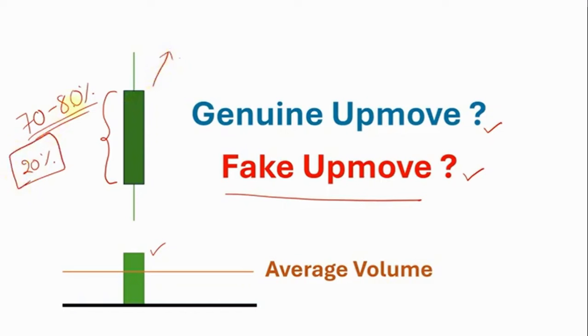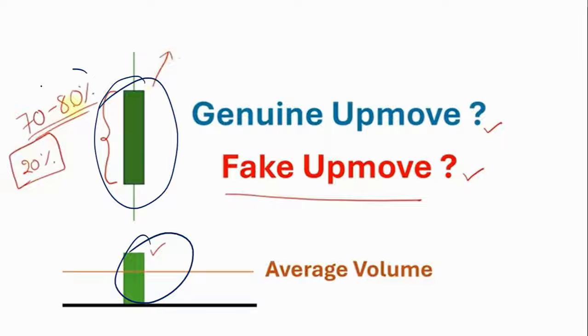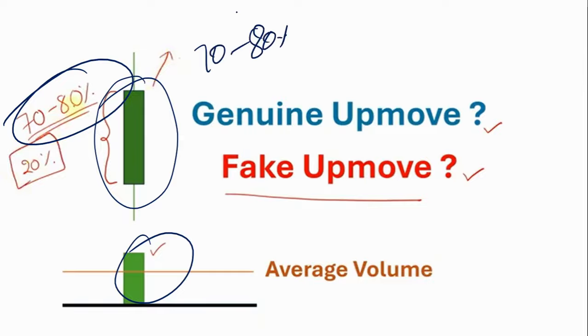What does it mean? Try to understand what it says. When you see a wide-spread candle with above average volume, don't blindly assume it is a genuine up move. In fact, 70 to 80% of the time, such setups can be fake moves, especially when smart money is offloading positions into retail buying.